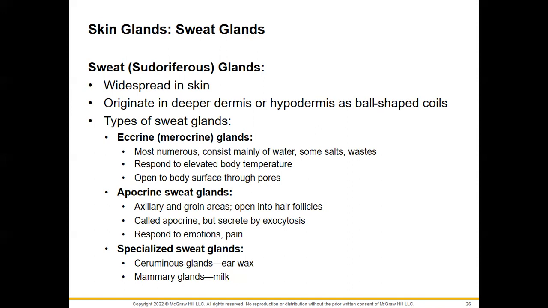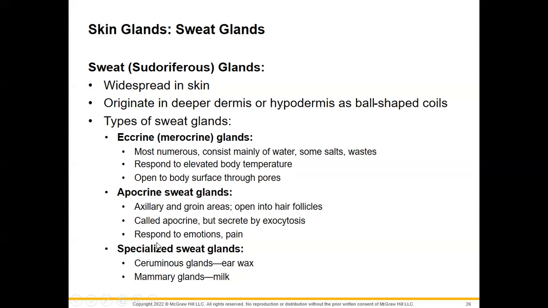So when it's time to release that sweat, the membrane of the vacuole will fuse with the cell membrane. And as it fuses, it opens up so that the vacuole now has an open end and the product can be spit out, saving the integrity of the cell.